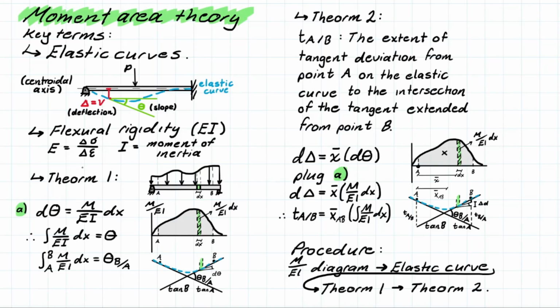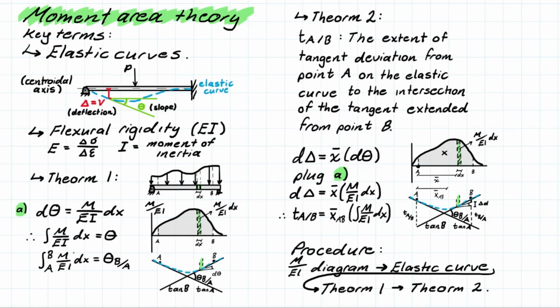The first theorem of this method was derived by a person named Charles Green. Pretty much what he related was that the change in slope for a segment of our beam with respect to the elastic curve will equal the area under the M over EI diagram between the points of the segment.